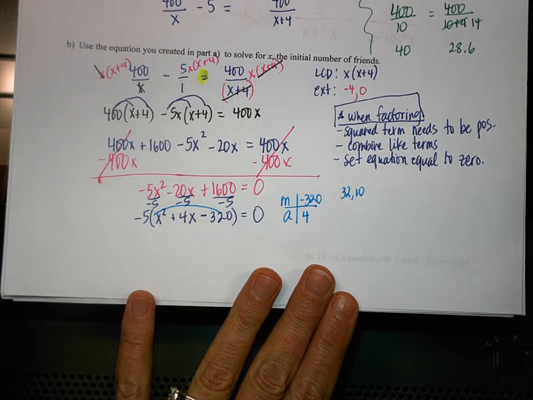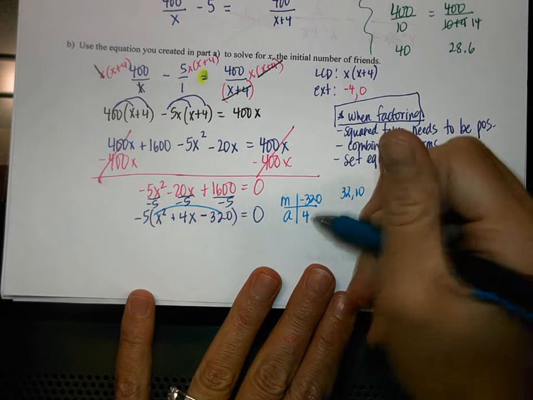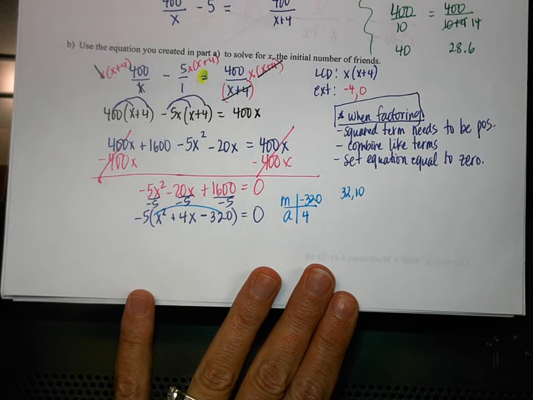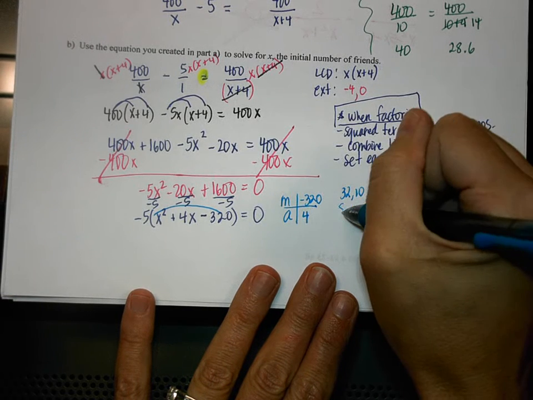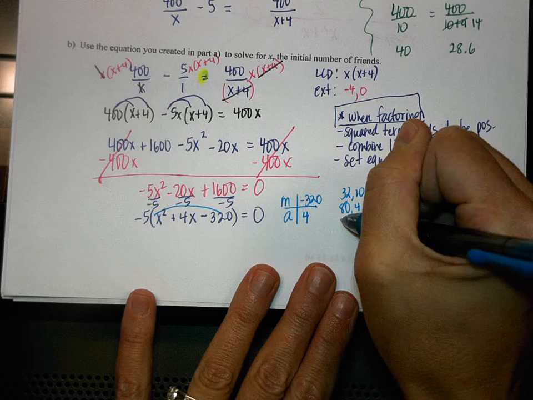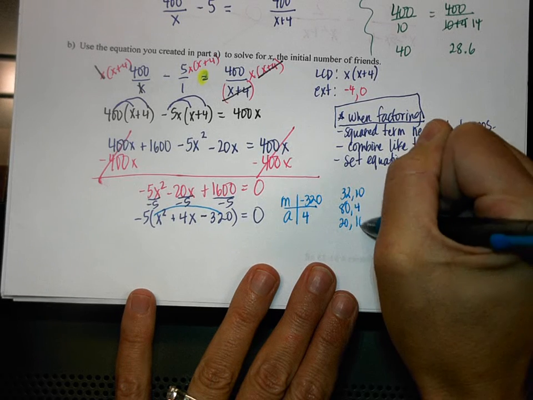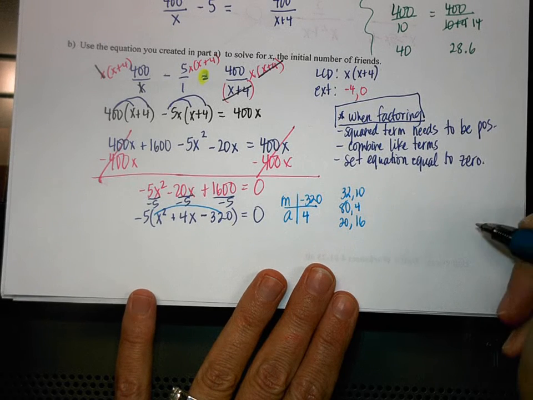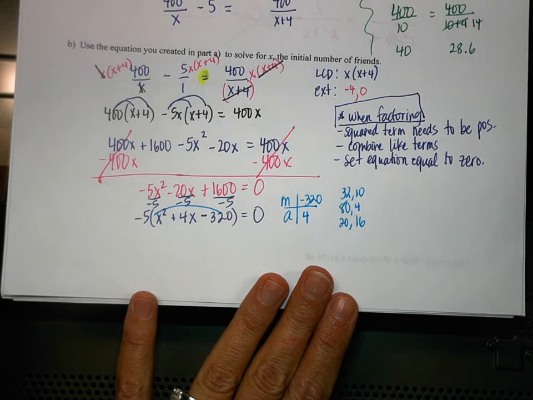Not helpful, right? Can you guys think of other two numbers that are easy to think of that multiply to be 320? 40 and 16. Okay, so I heard 80 and 4, but that's not going to work. And then you said 20 and 16. Does that make 4? Yes. And if we needed to, could we start at 1 and go all the way down? Yes. And you could end up finding the answer. You guys are all capable.